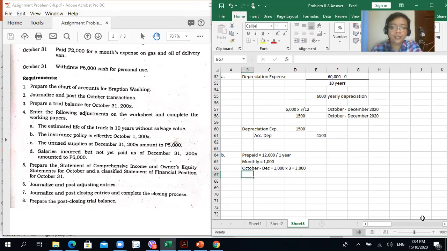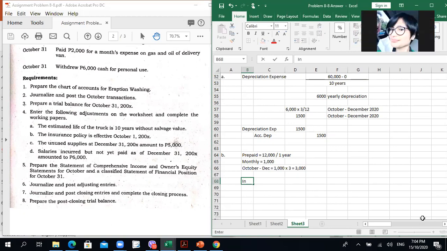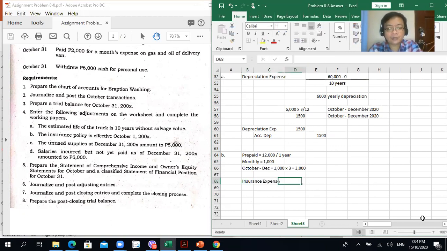October, November, December. What is the entry for this? Debit. Anyone? The prepaid now will become part of your expense. Very good, expense. So it is now called insurance expense, which is 3,000.